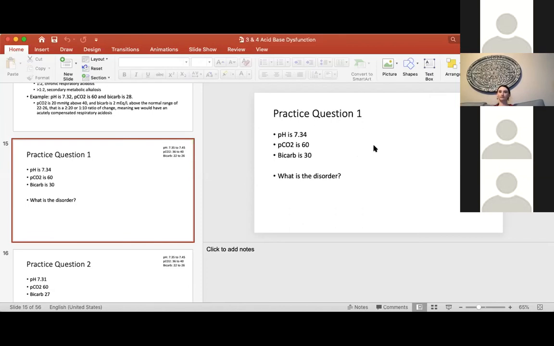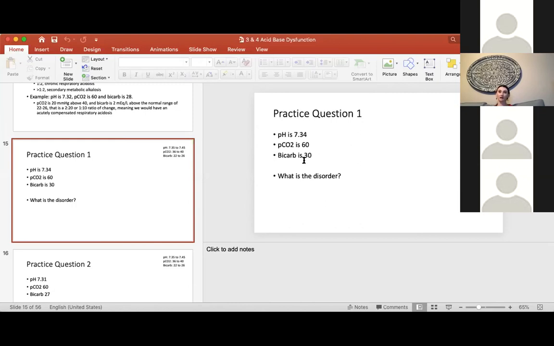Okay. So let's look at this. Our pH is low, less than 7.35, so we know it's acidotic. Good job. Our carbon dioxide is high, so that's our respiratory one, so it's going to be a respiratory acidosis, correct?